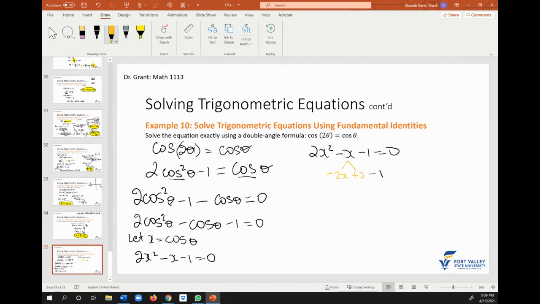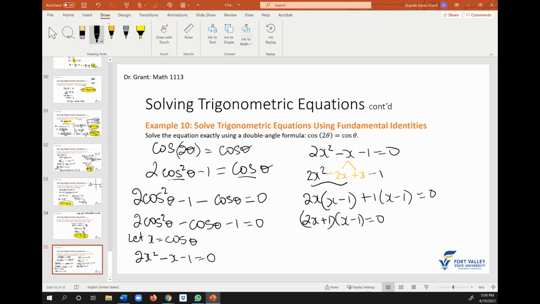What's common? Here 2x is common, and then this gives me x minus 1. On this side, just 1, and still have x minus 1 equals 0. So we have 2x plus 1 times x minus 1 equals 0.